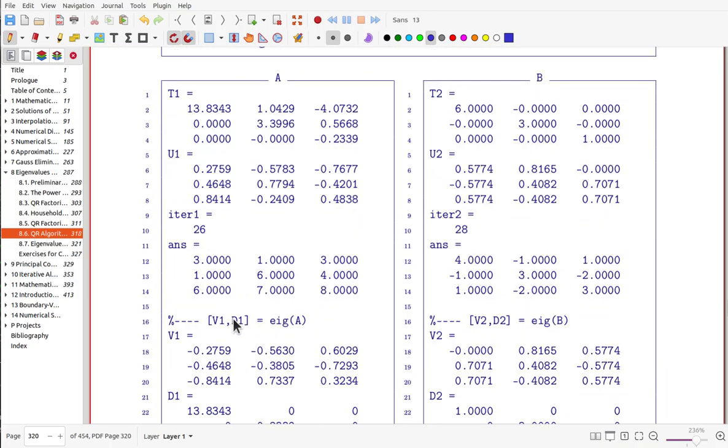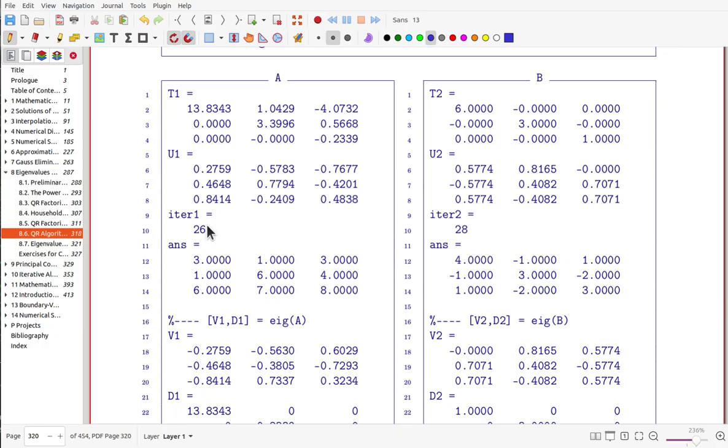Now look at here, the left-hand side is for A and the right side is for B. From the QL algorithm, we have here T and U, and these are eigenvalues, and the number of iterations performed is 26.